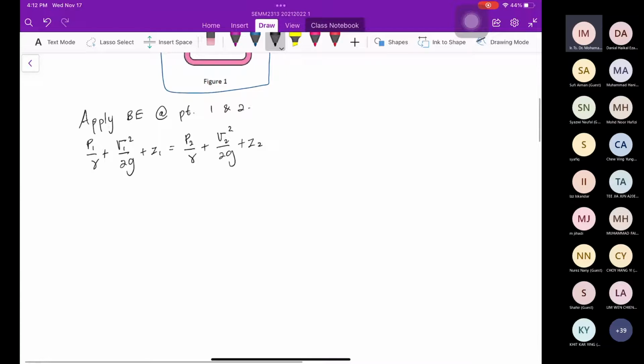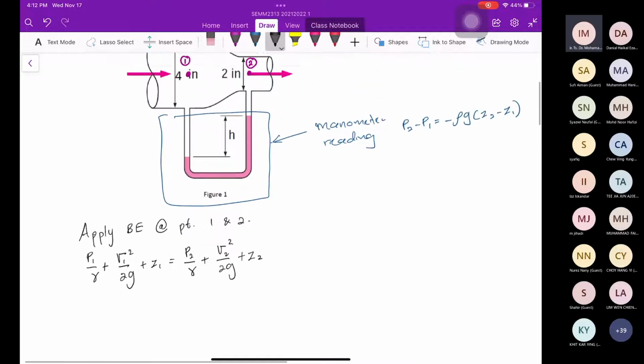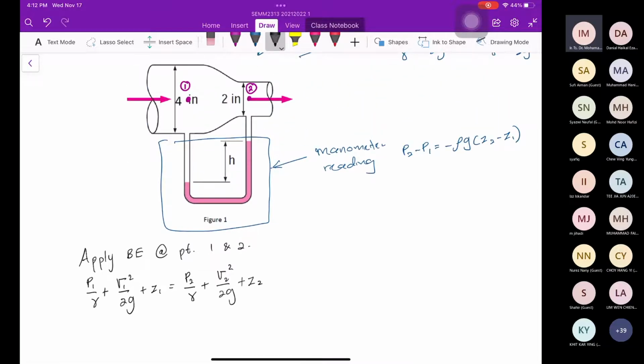So from the Bernoulli equation, what can you cancel? Of course, you can see the elevation is the same, right? So now you must set the reference line. Let's say I set my reference line here. Okay, this is my reference line.